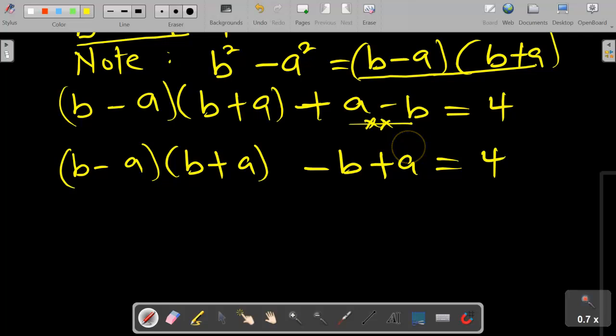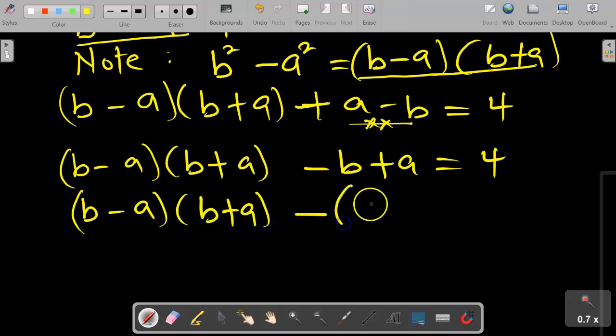I only swapped the places of b and a. So b minus a, b plus a minus, open a bracket. The minus in front of b goes away. This plus changes to minus, because minus times plus is minus. So a is equal to... The essence of doing this is to make them have the same terms. So now they are equal.